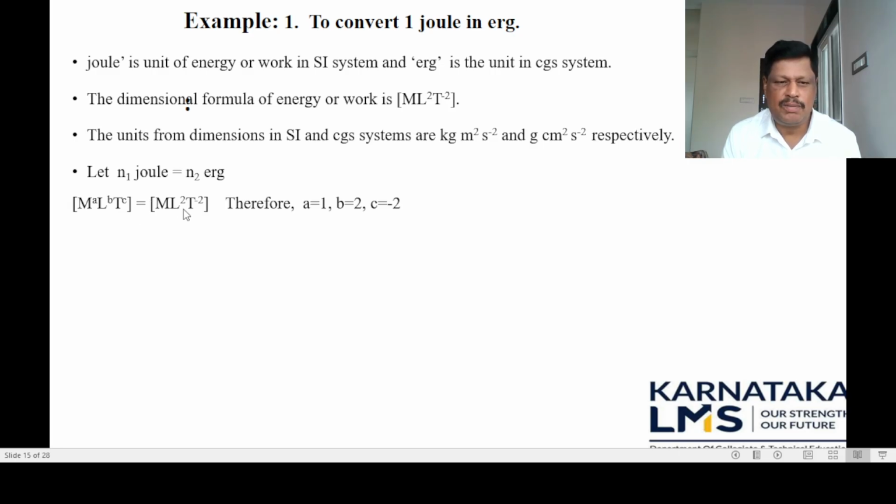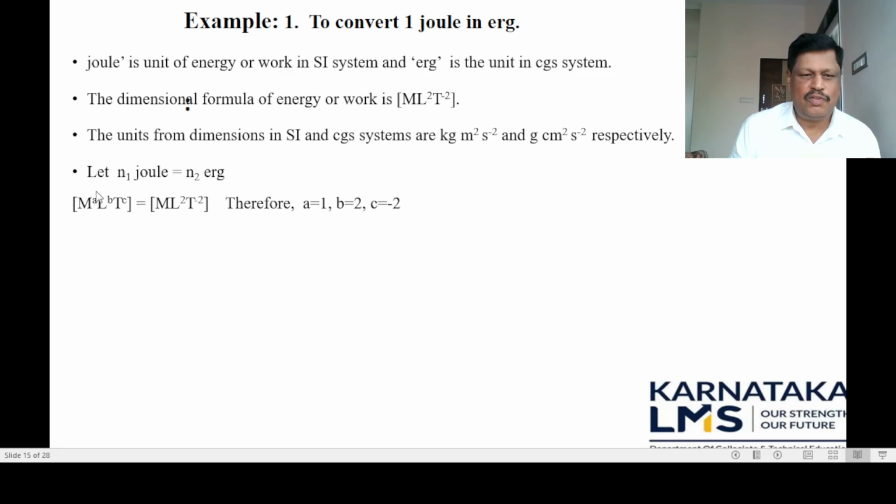The dimensional formula of work or energy, they have the same dimensions, is M L square T to the power of minus 2. Here M to the power of 1, L to the power of 2, T to the power of minus 2 are the powers of mass, length and time. Compare this equation, we will get the values of A, B and C.